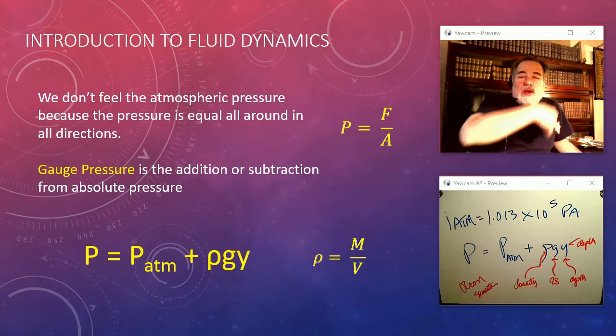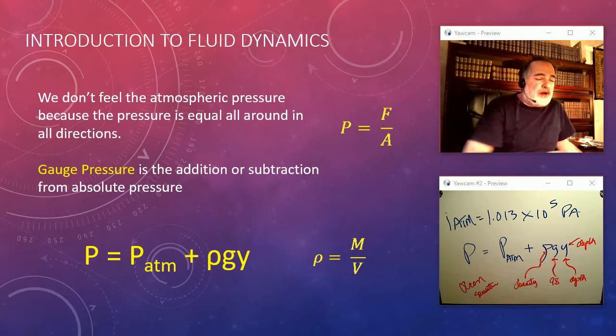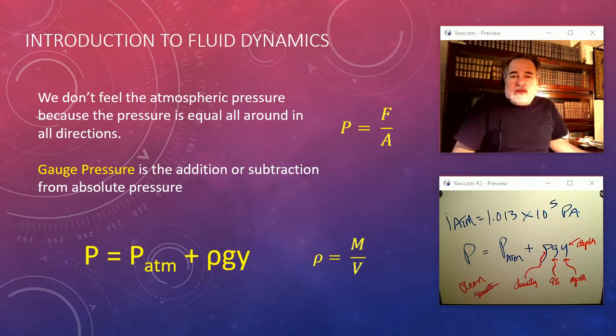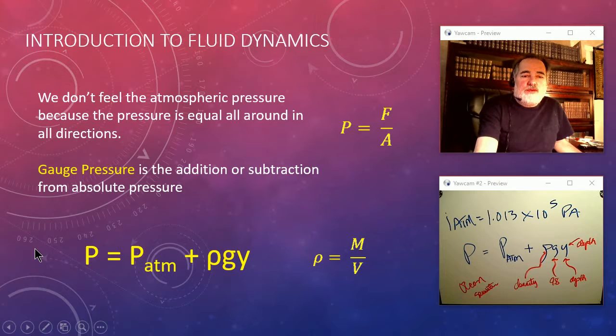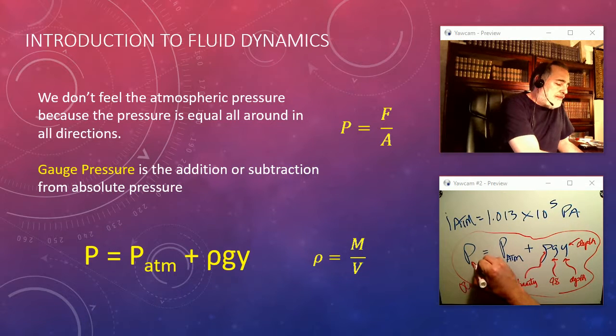If we were going up in a balloon, though, the depth would be a negative number that we would be subtracting from the atmosphere. So the pressure that we would feel would be less than 1 atmosphere because this would be a subtraction. So that's gauge pressure in a nutshell, and this being absolute pressure.